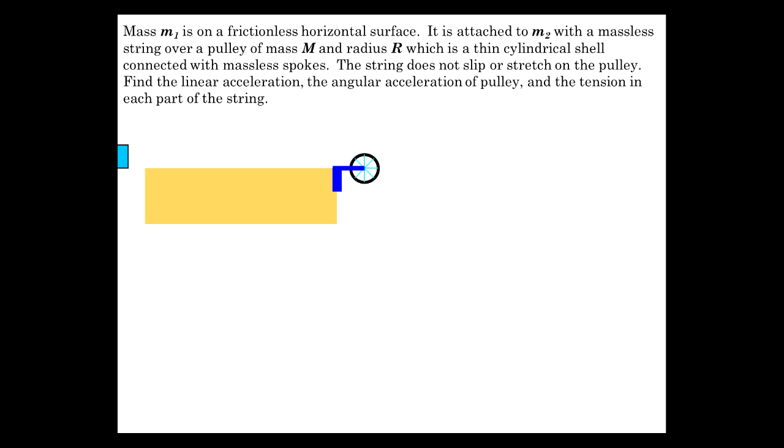In this example, we're going to have a couple of masses on a frictionless table. Well, one mass on a frictionless table, the other hanging over a pulley. And the pulley has mass big M. The other two masses are M1 and M2. And there is a tension here and here. And I hope you realize that these tensions are different because we have a non-zero mass here.